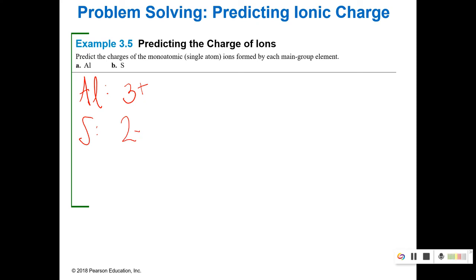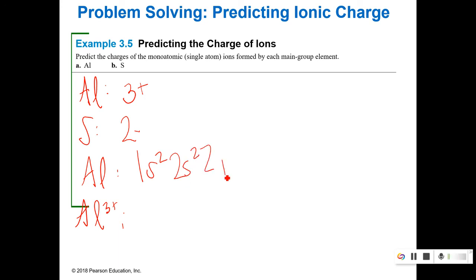While we're here, I do want to go ahead and write their electron configurations of ions, just so you know. Okay, so aluminum is going to lose 3 electrons. So I'm going to do normal aluminum. Okay, and remember, they're going to lose those valence electrons first because they're on the outside. So when it loses 3, it's losing these last 3.